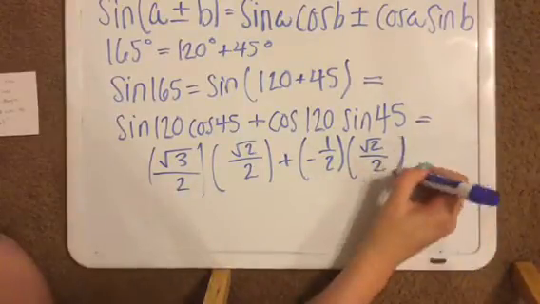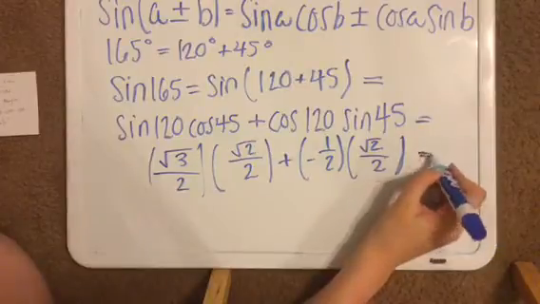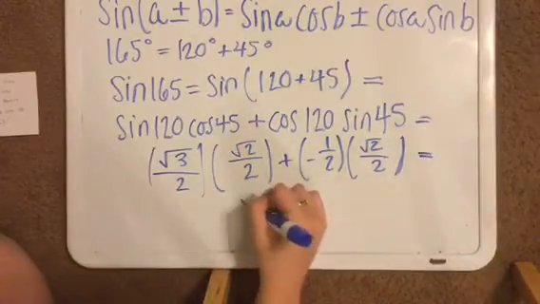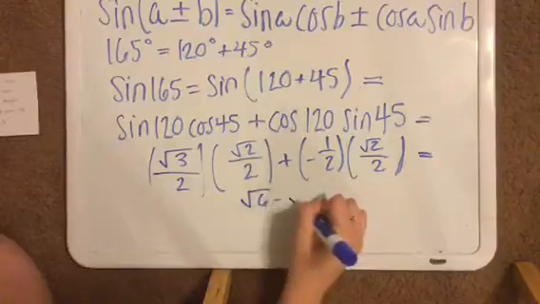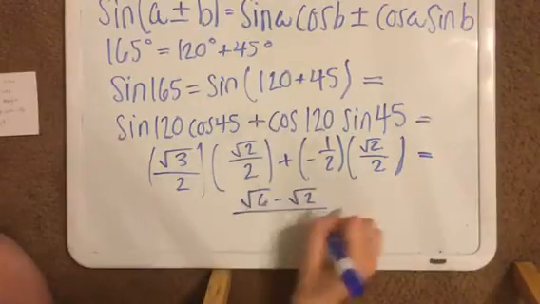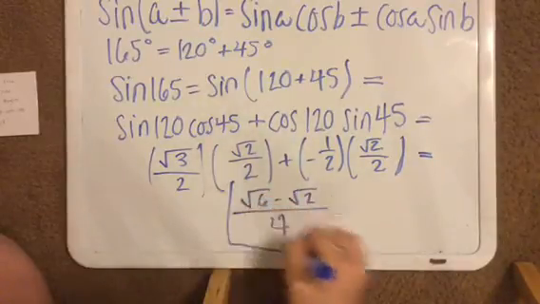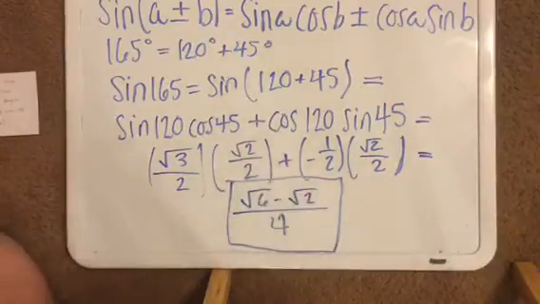You will then simplify this and you will get square root of 6 minus the square root of 2 all over 4, and this will be your final answer for sine. And that is the end.